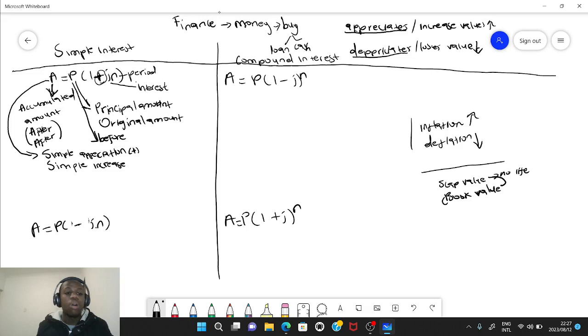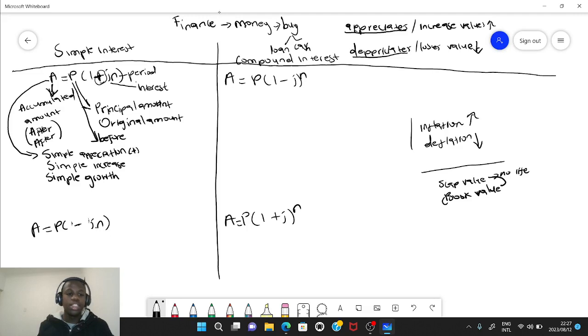We know that a positive sign has to do with an increase in something. So we'll have a simple appreciation, a simple increase, or a simple growth. All of this means the same thing. They describe the first equation.